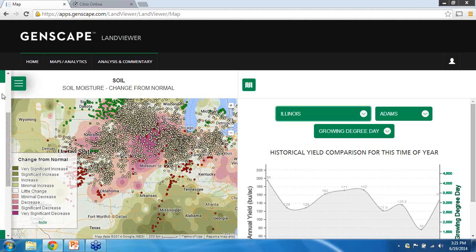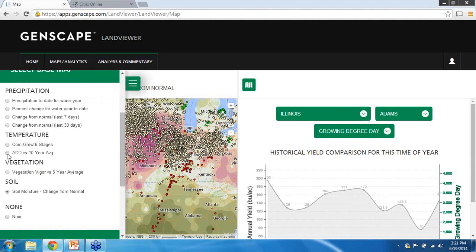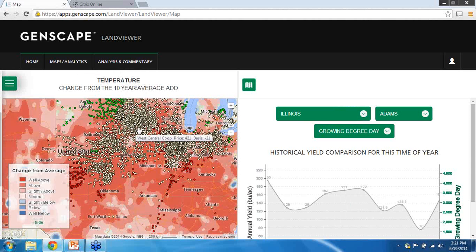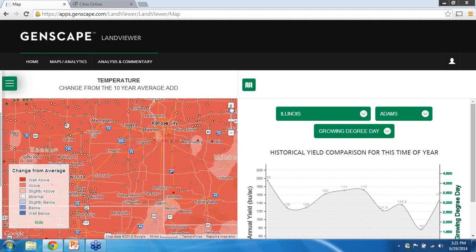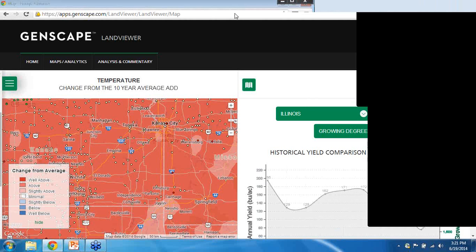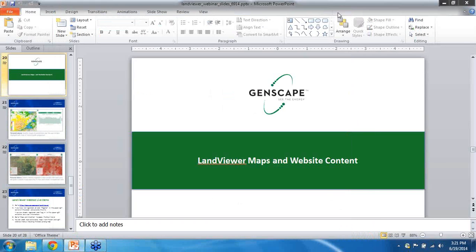So you can look at, on your left, your growing degree days, zoom in to an area you're interested in, whether it's Ohio or Nebraska, get a sense for where the growing degree days are, look at where they were in years past and how that impacted yield. So certainly by no means is it all conclusive, but it gives you something to go on that's maybe a little more accurate than just a guesstimate.